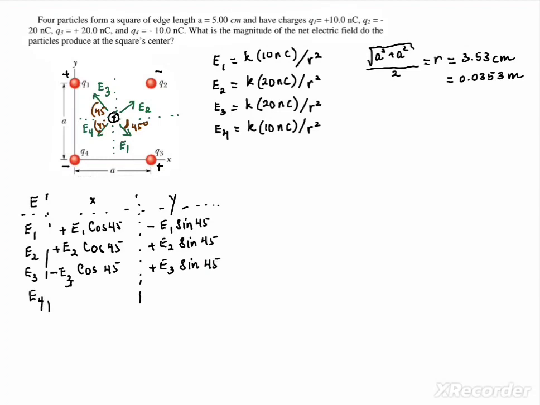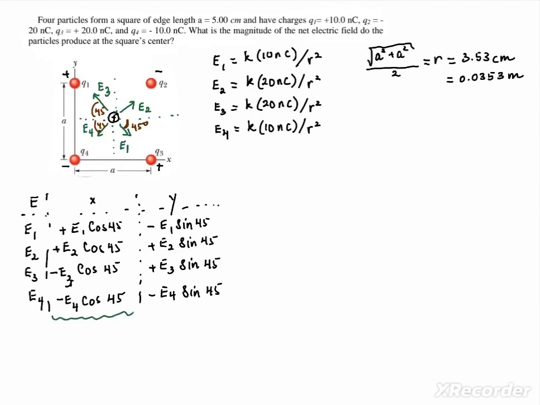Going down to E4, E4 is in the third quadrant. Both X and Y components are negative. So negative E4 cosine 45, negative E4 sine of 45.